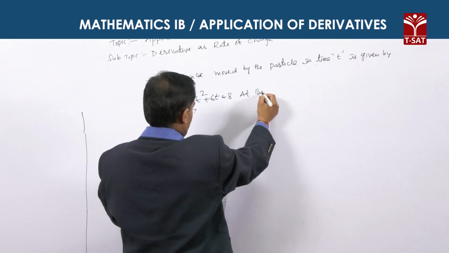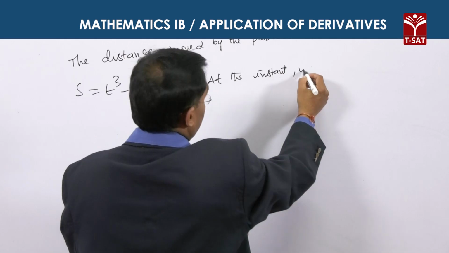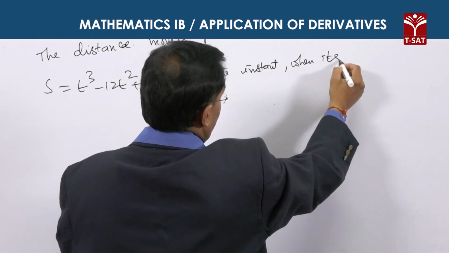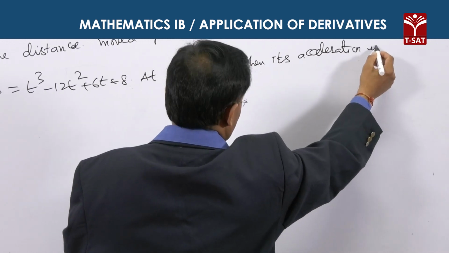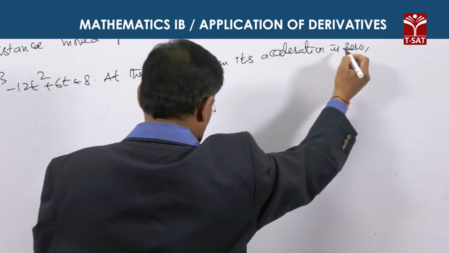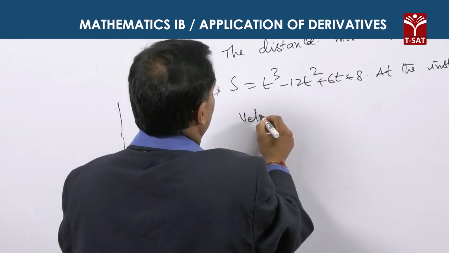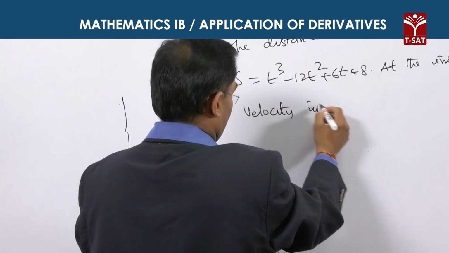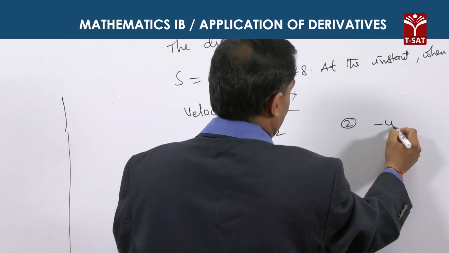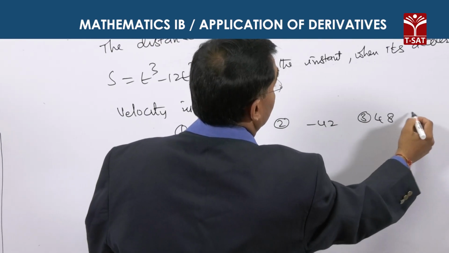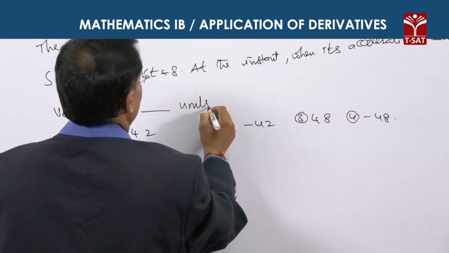At the instant when its acceleration is zero, then the velocity is dash. The first response is 42, second response is minus 42, third response is 48, fourth response is minus 48 units. The velocity is dash.